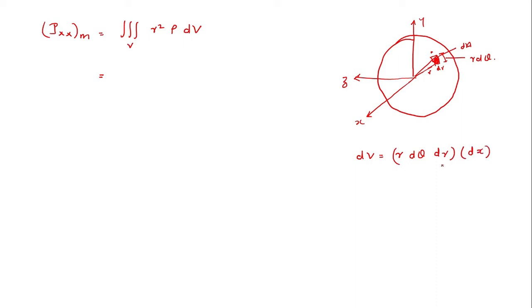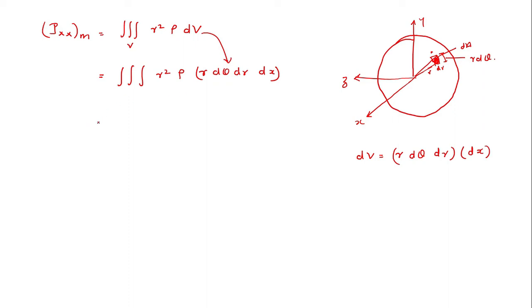So this is how we shall be representing dV. Substituting it here, r squared into rho will remain as it is, dV will be r d theta dr into dx. I'll drop it here, so this is dV here.